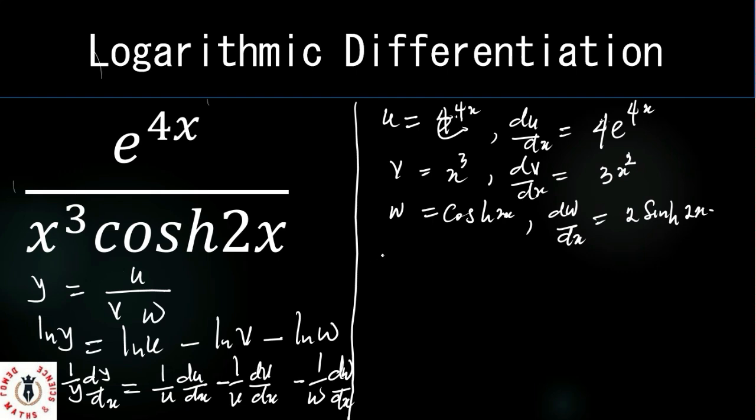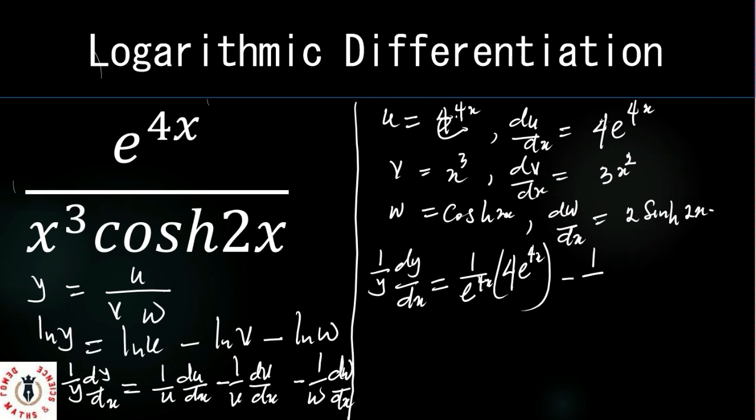Now, I'll have 1 over y dy/dx equals 1 over u. U is e raised to the power 4x. That's 1 over e raised to the power 4x into du/dx, that's 4e raised to the power 4x, minus 1 over v.